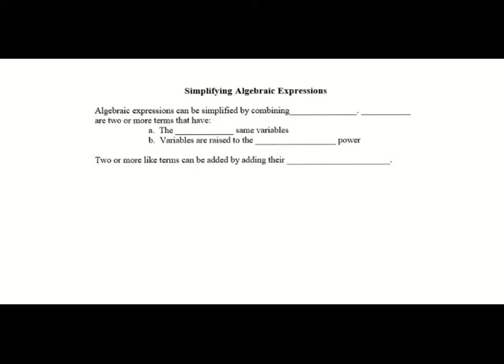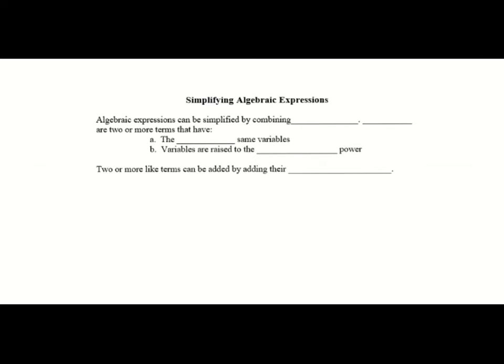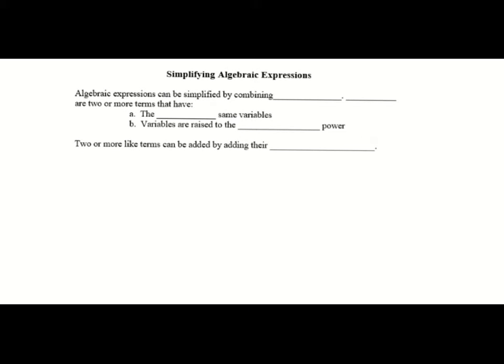All right, and the last topic that we're going to look at with our notes here is simplifying algebraic expressions. So we can simplify algebraic expressions by combining like terms. So we need to combine like terms.